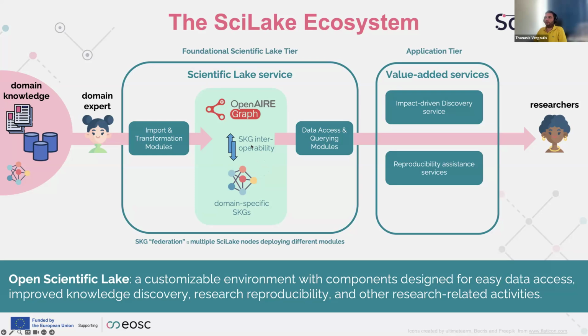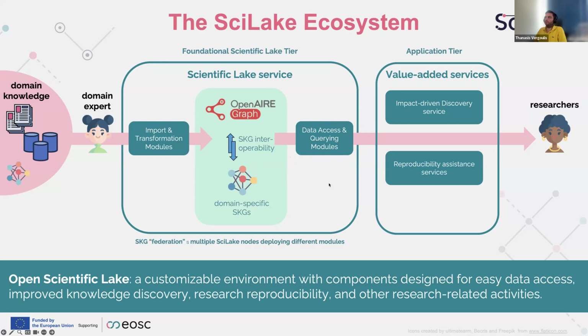More specifically, there is an RDA group that is producing the SKGIF interoperability framework for scientific knowledge graphs, and the domain-specific graphs that are produced by the Scilake ecosystem are trying to be compliant to that model, to that specification. And then the scientific lake also has another set of components that can facilitate data accessing and querying.